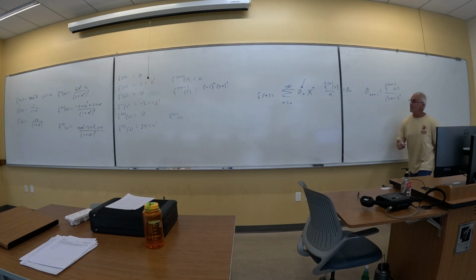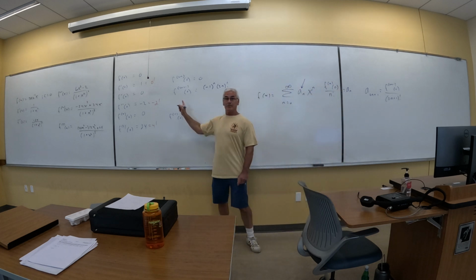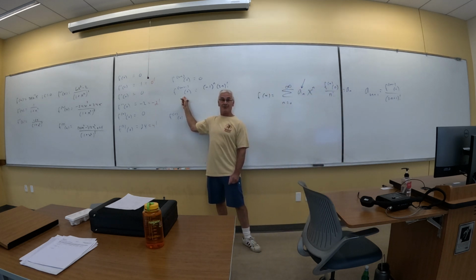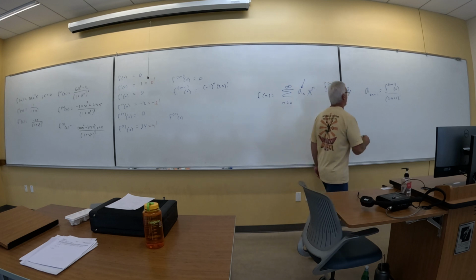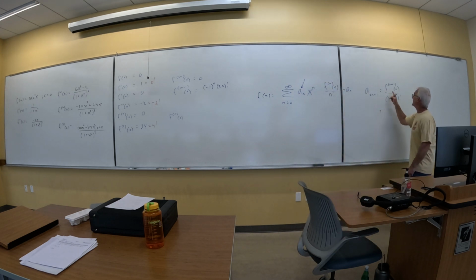Have we just figured it out? Yeah, we just figured it out. So for this problem here, what will this be? It'll be negative 1 to the n 2n factorial over 2n plus 1 factorial.